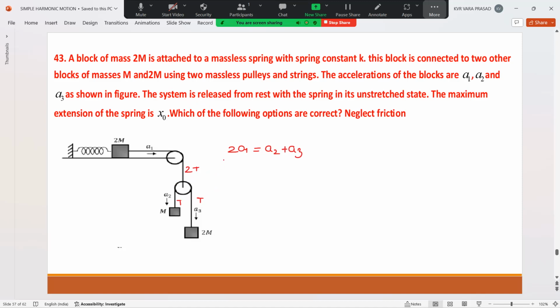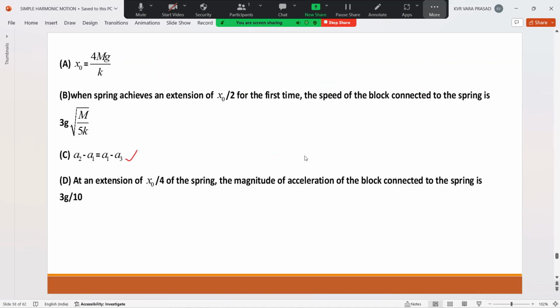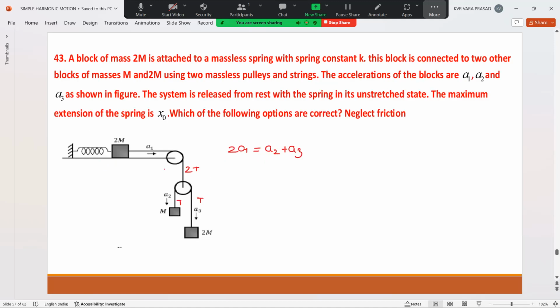That's why A3 is given down, A2 also down. That's why the equation becomes 2A1 equal to A2 plus A3. Okay. And if you see option C, A2 minus A1 equal to A1 minus A3. That means 2A1 is equal to A2 plus A3. So option C is correct.